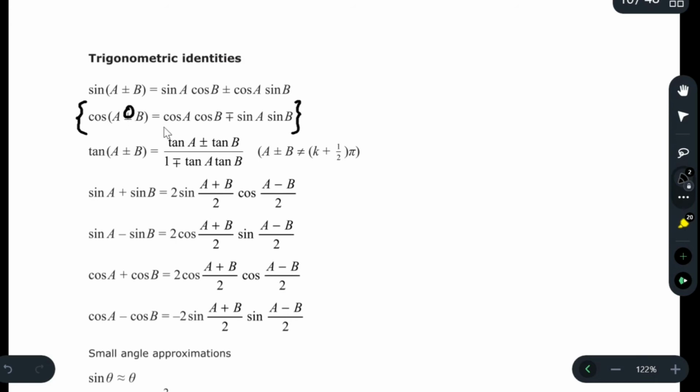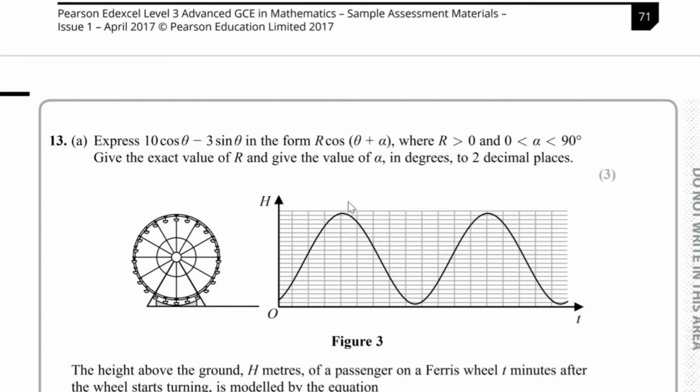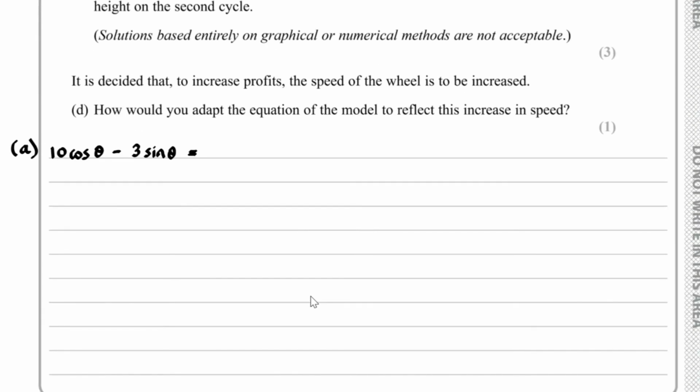If I use the plus, that means I'd have to use the minus. So, this is the same as r cos theta times cos alpha, and then I subtract r sine theta r sine alpha.